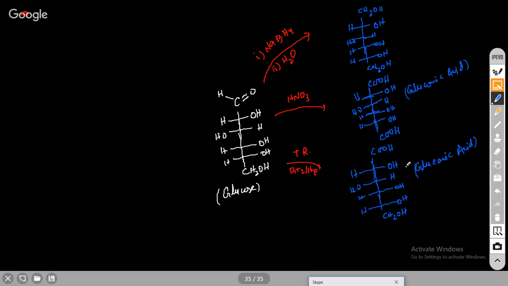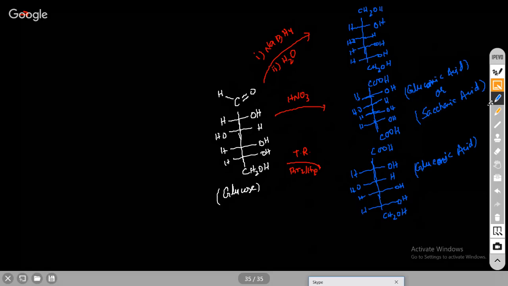The first one, this one is gluconic, sorry. This one is gluconic acid, and this one is glucaric acid. We also call it saccharic acid. Saccharic acid and glucaric acid are both the same thing. This is gluconic acid. Okay, these are the three reactions we have.